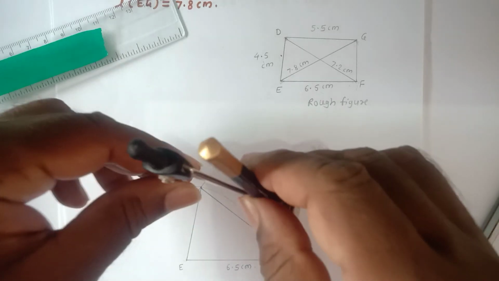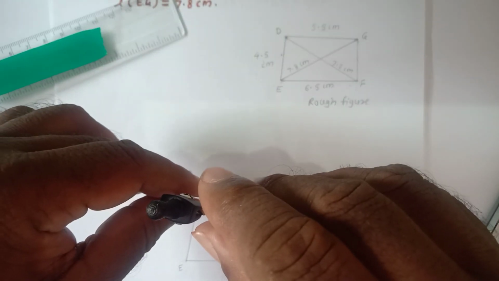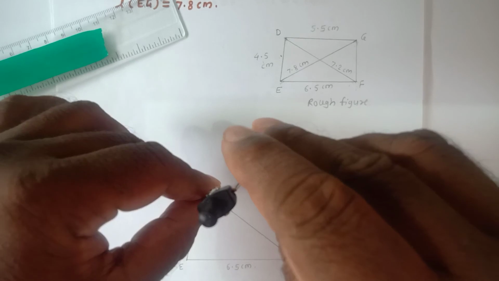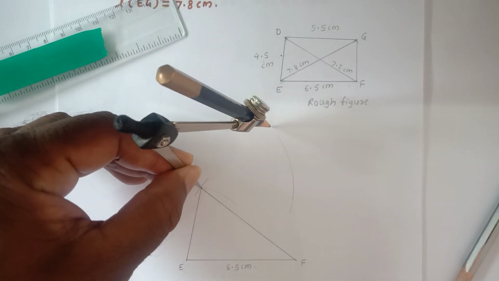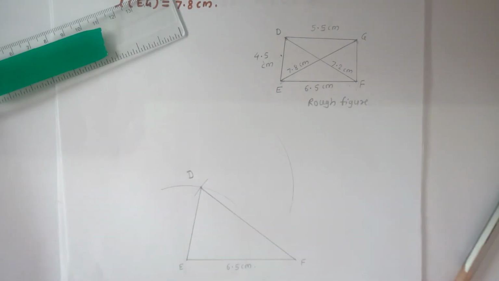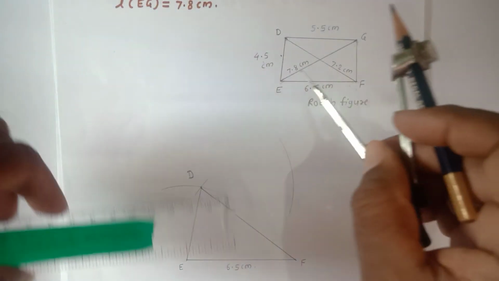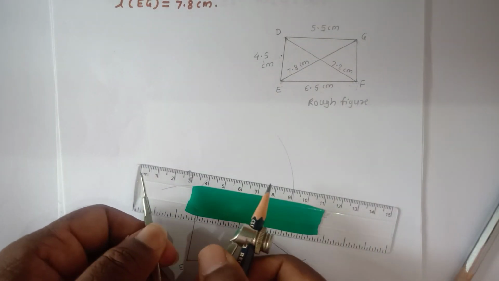Put compass on point D and draw one arc in this way. Now take distance 7.8 centimeter in a compass.